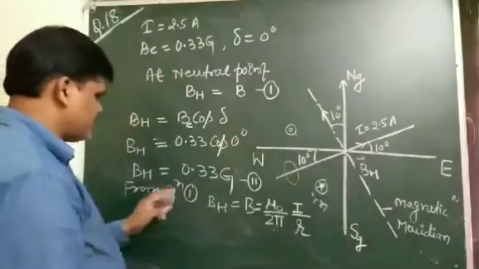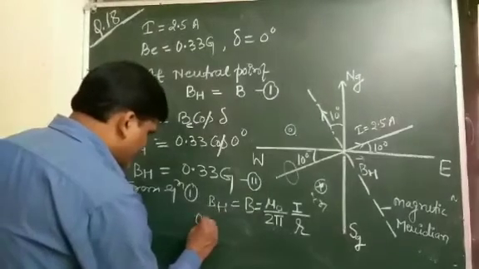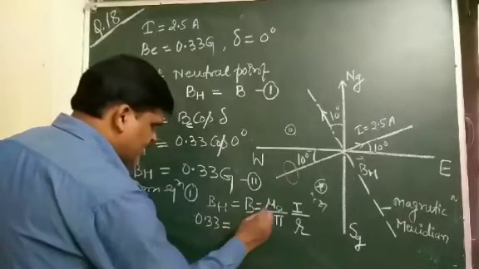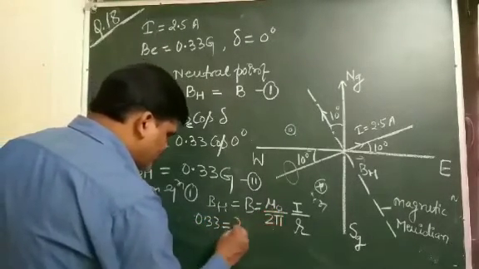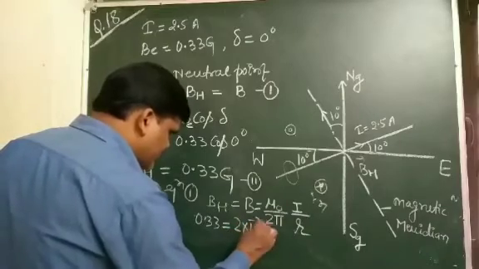And students, BH, which is already calculated, is 0.33, and mu naught by 2 pi, we know, is 2 into 10 to the power minus 7.